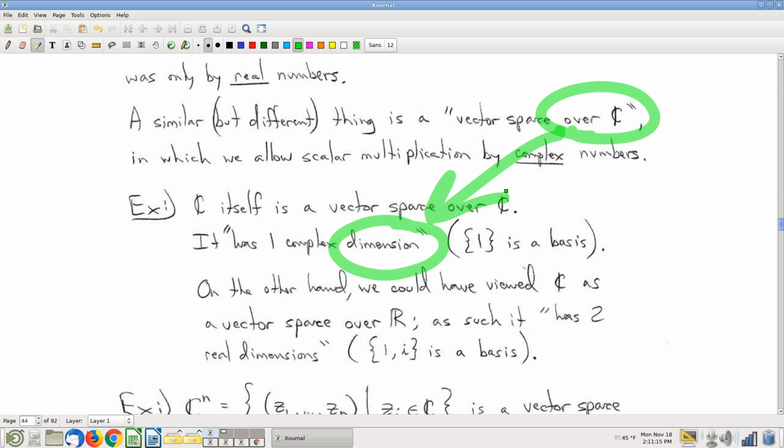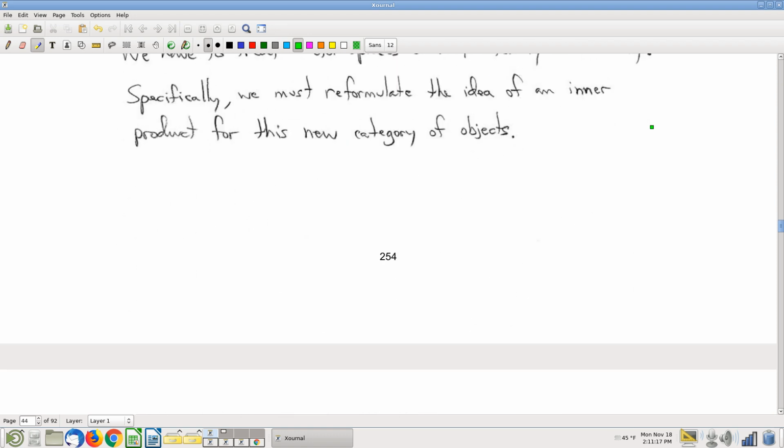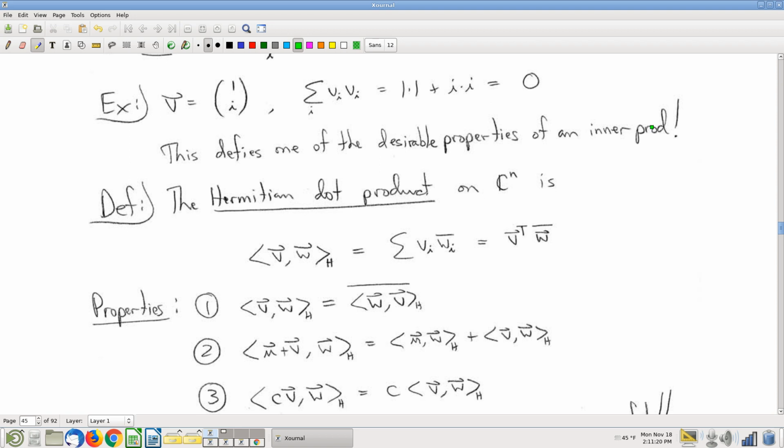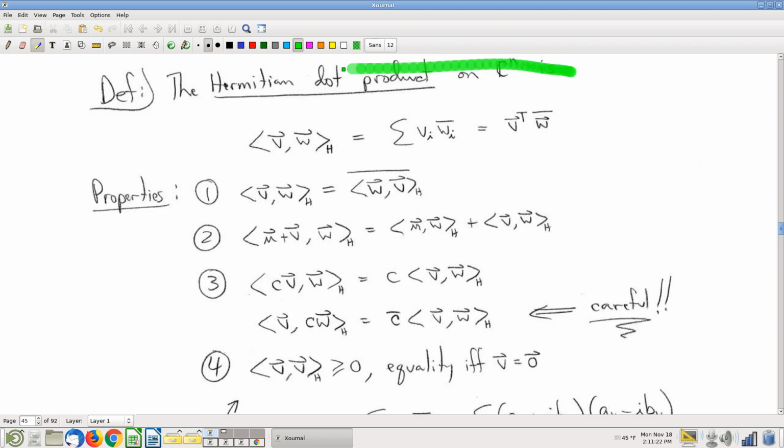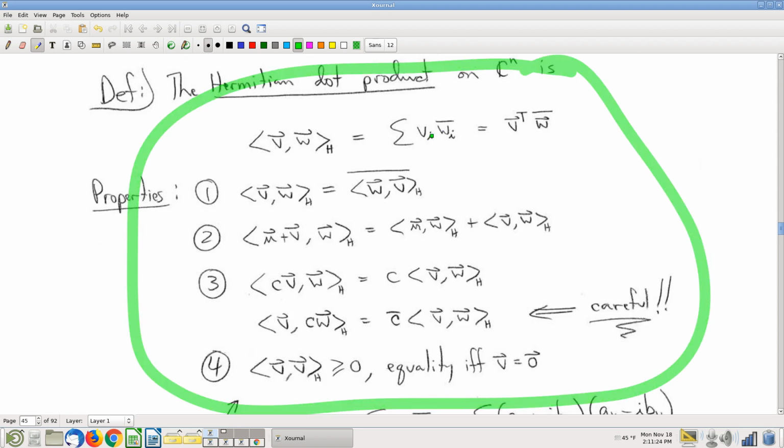And likewise, complex scalars give us a new, vaguely familiar, but distinctly different notion of a dot product.